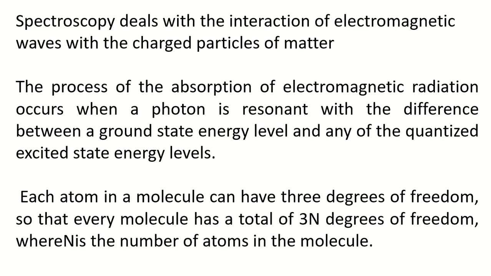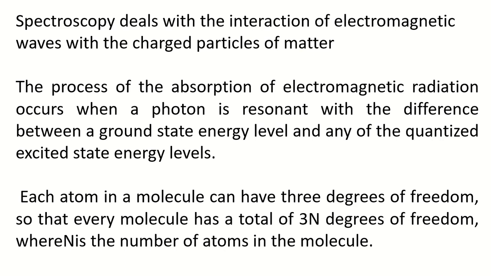Emission is the opposite process, where a photon is emitted as a result of a transition from a high lying energy level to some lower lying energy level. This is the concept which is quite important about the emission.